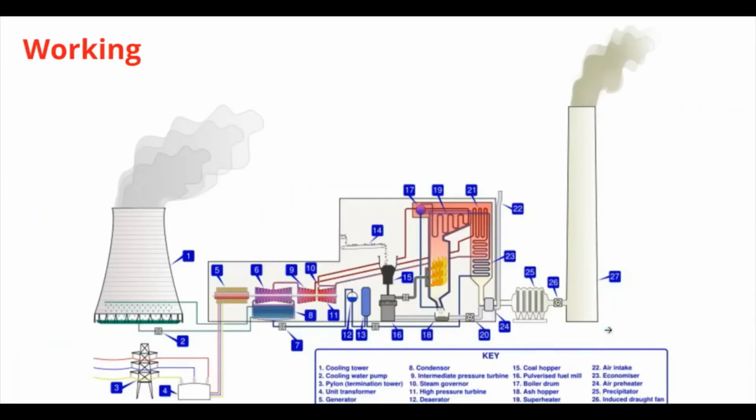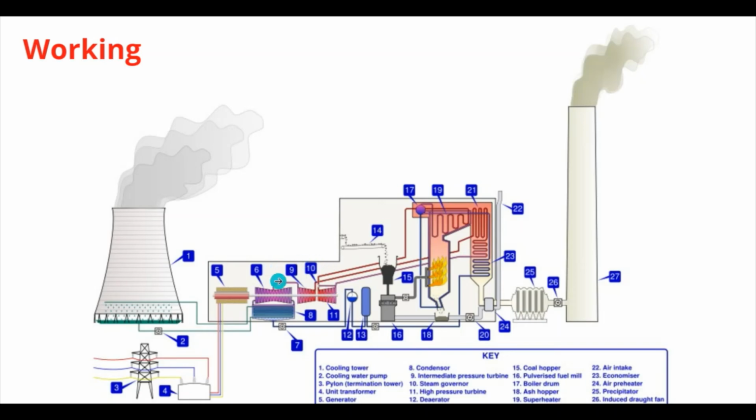Now let us discuss the working of the thermal power plant. Let us see the parts. Firstly, this region is known as the boiler, and this is a generator, condenser, these are turbines, and this is a powerhouse. Firstly we give the fuel as inlet and it is crushed, and due to combustion heat is produced. This heat makes the water into steam, and the steam is transferred to the turbines.